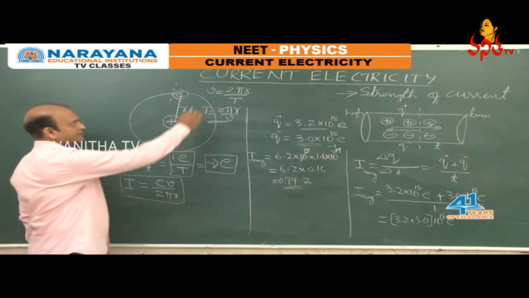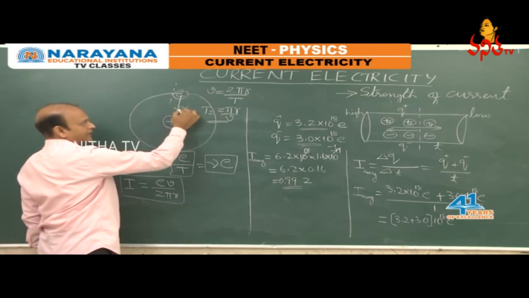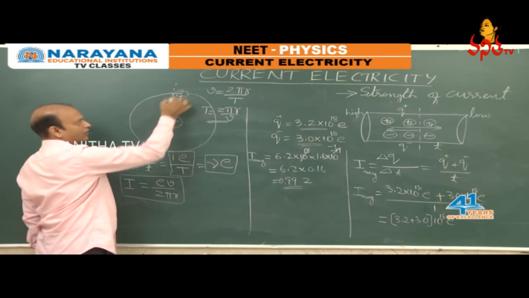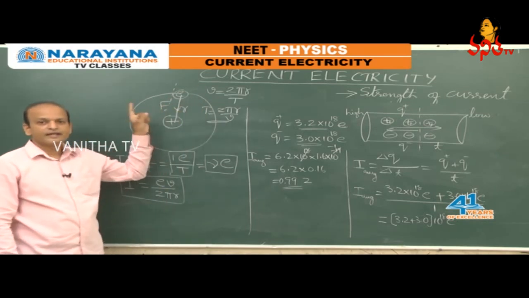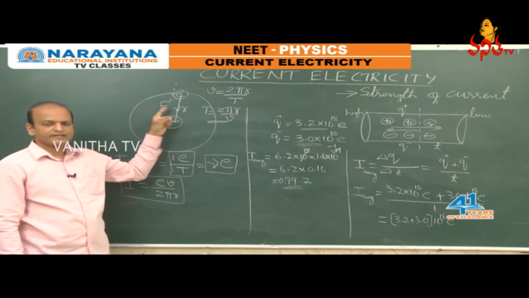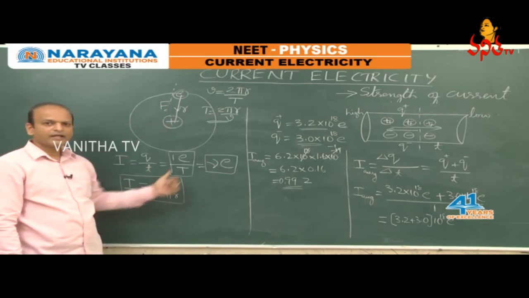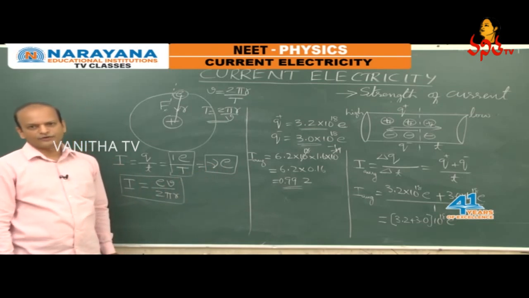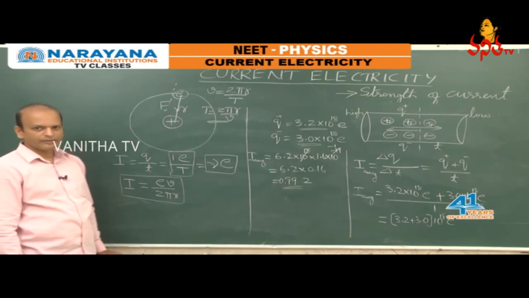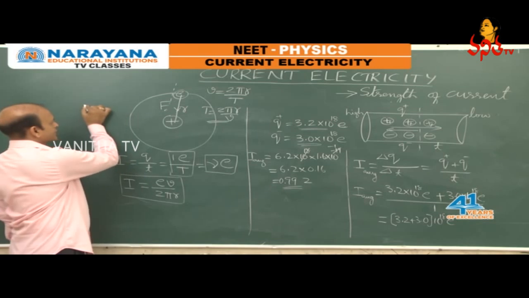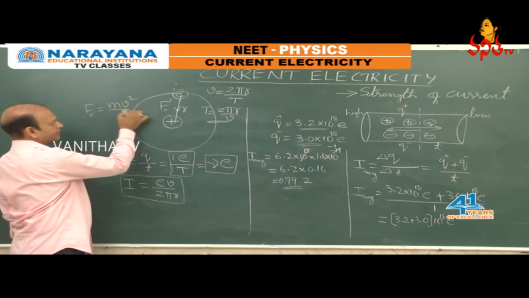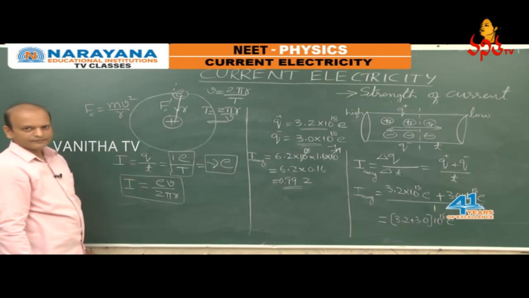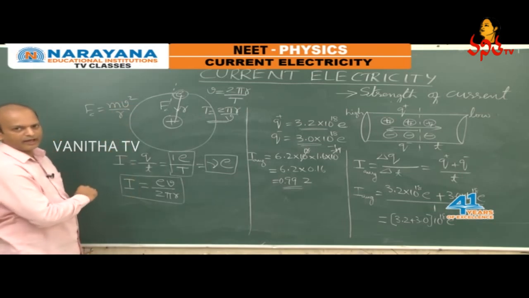Sometimes instead of the speed, the centripetal force acting on the electron may be given. Then what will be the current in terms of centripetal force? We know that centripetal force is mv square by r.